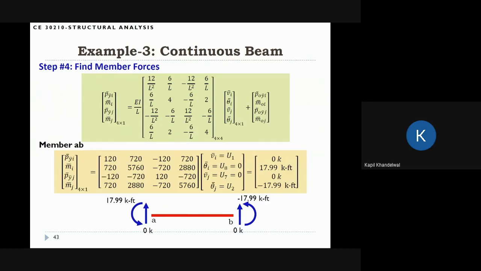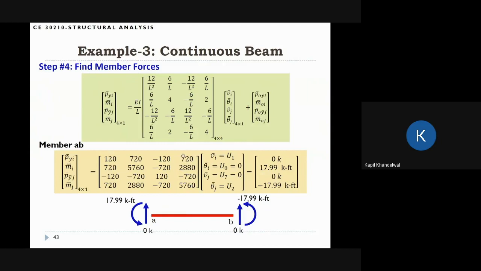And then we can go ahead and find the member forces. In this case, the calculations are exactly the same as we have done for the previous example. The member forces means we want to calculate PYI, MI, PYJ, MJ. This is the stiffness matrix times the element displacement vector plus the PO vector if that is needed. For member AB, there is no PO vector because there was no load applied on this member.